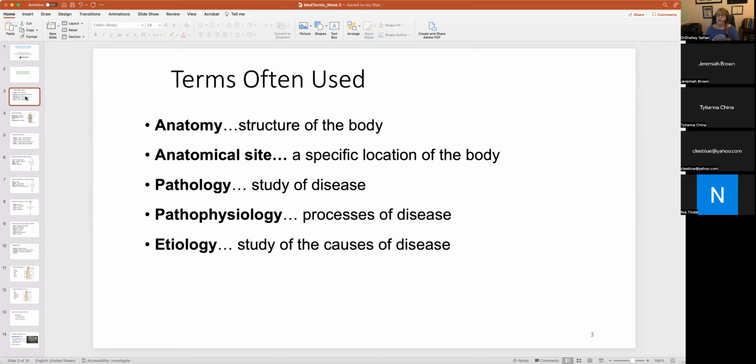The anatomical site is very specific. A very specific part of the body, a location in the body. So it's not enough to just say the heart. You want to talk about the upper right atrium of the heart or the lower left ventricle of the heart. Anatomical site, very, very specific.